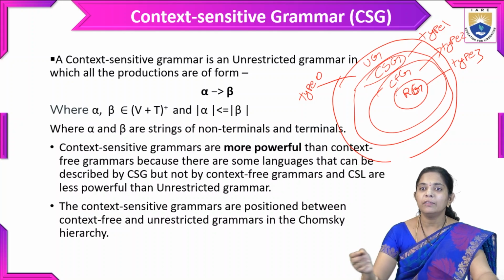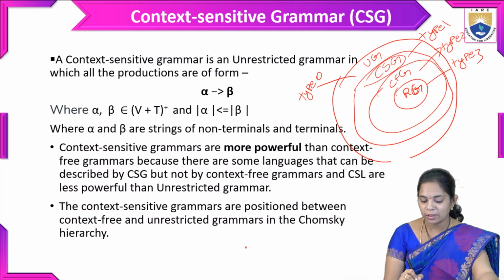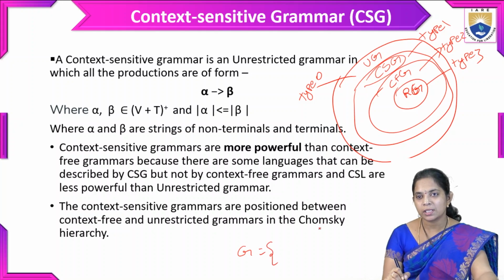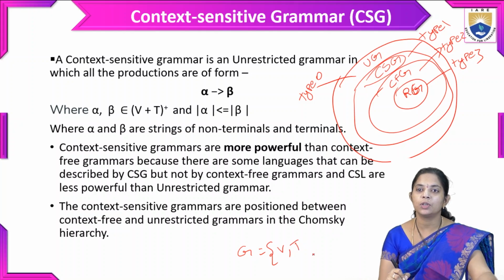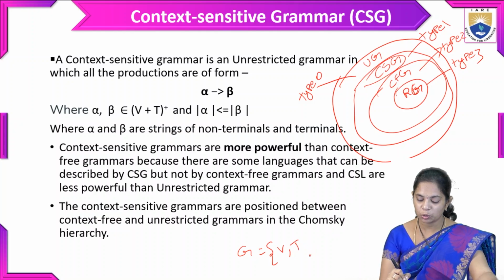Generally, we denote a grammar with four tuple notation. What is meant by grammar? It is a combination of V, which is the set of non-terminals represented with capital letters, and T, which is the set of terminals denoted by small letters, and P is the productions.